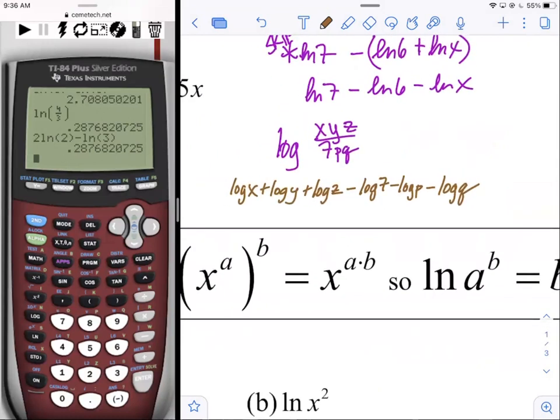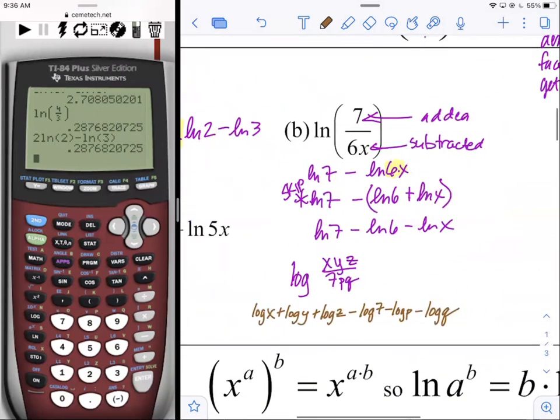One fell swoop means in one step. So we don't have to worry about that intermediate step that Brady was so prescient to notice. Because if you do that, you're having a whole other line of writing, so it's more time. But it also is a possibility of making careless mistakes because you might forget the parentheses, right? So just train yourself. If it's in the top, it's a plus. If it's at the bottom, it's a minus.